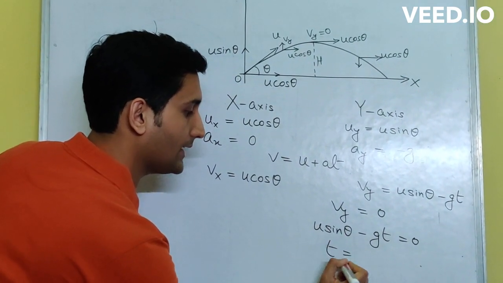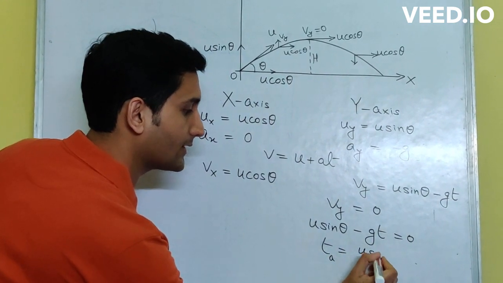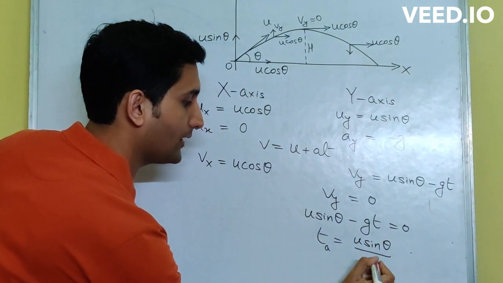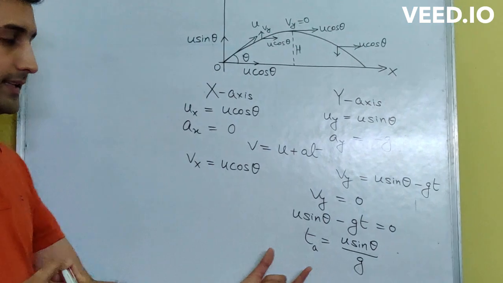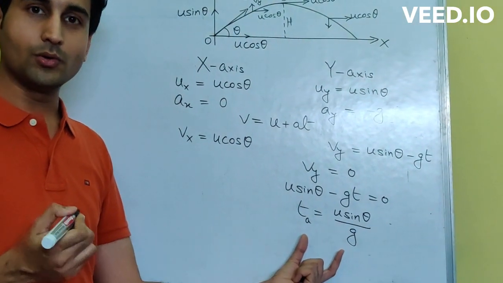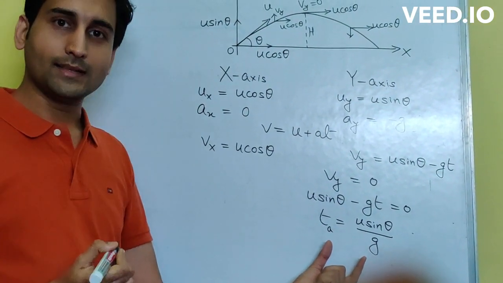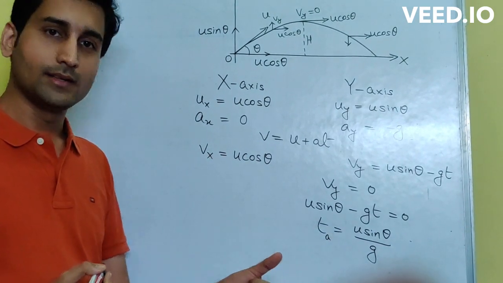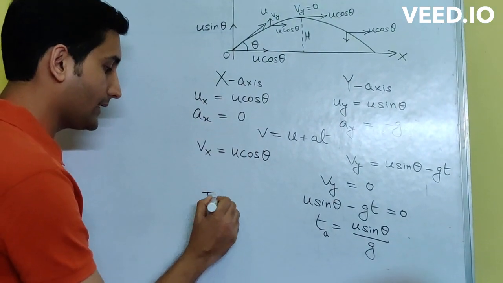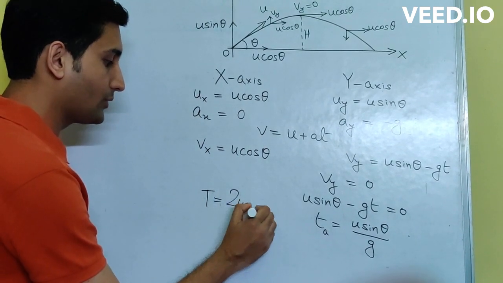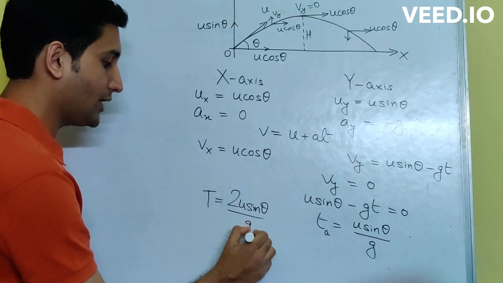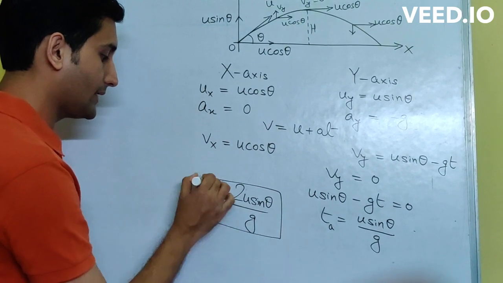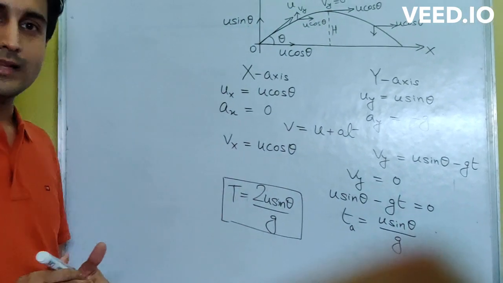So, the time of ascent that I get is u sin theta upon g. This is the time taken by the particle to go to the maximum height. It takes the same amount of time to come back to the ground. So, the time of flight is given by 2u sin theta by g. This is the first and foremost equation that we need to remember.